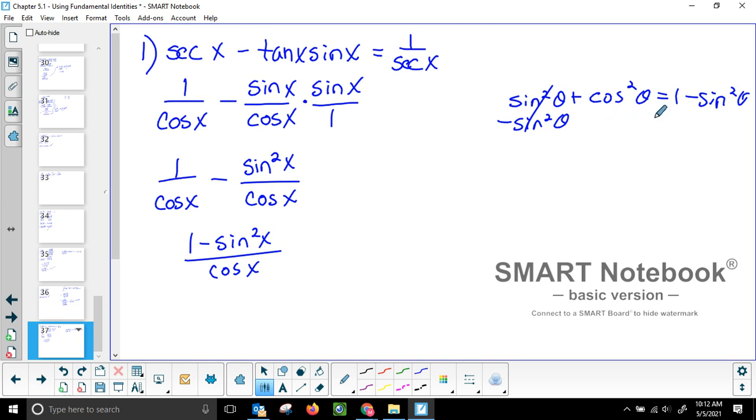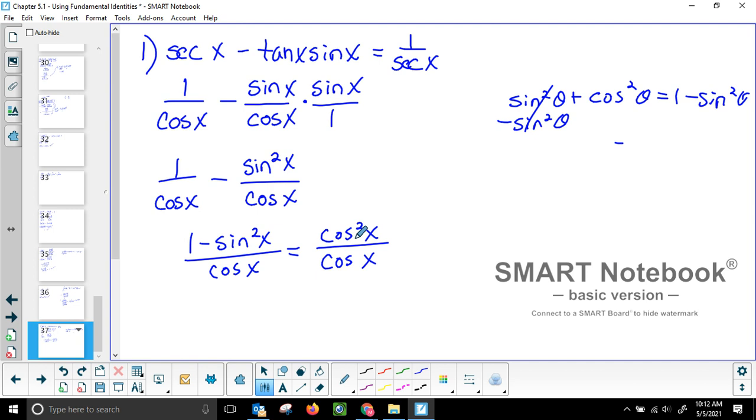So now we have cosine squared theta is equal to 1 minus sine squared theta. In mathematics, whenever two things are equal to each other, they are completely interchangeable. That means wherever I see 1 minus sine squared theta, I can replace it with cosine squared theta. Or in this case, wherever I see 1 minus sine squared x, I can replace it with cosine squared x. And of course, that's still over cosine x.